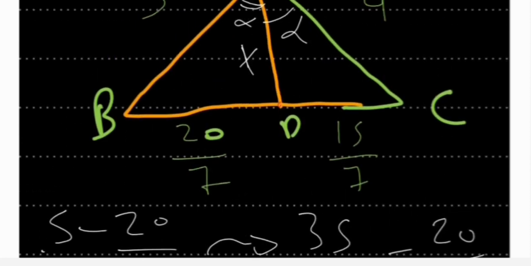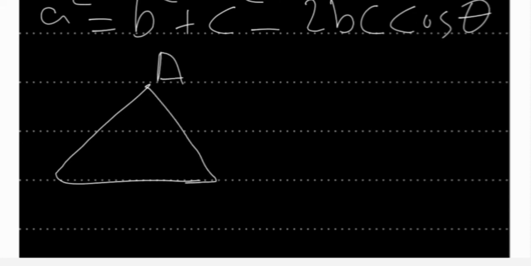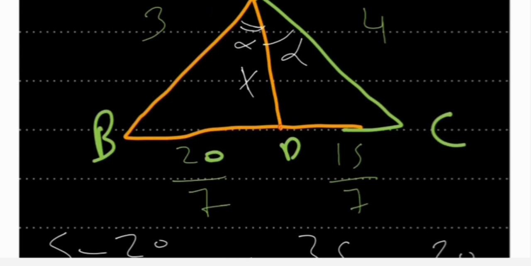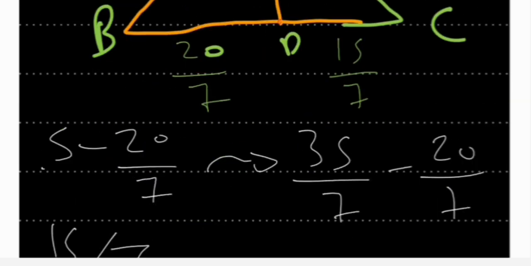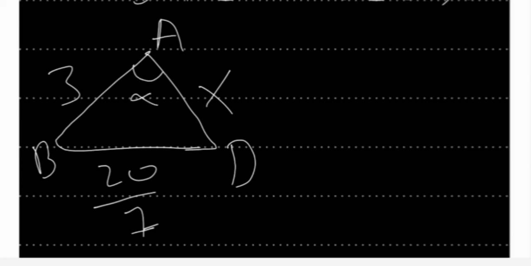So first, the first triangle is the triangle ABD, okay? So this is this part over here, not all the triangle. This part over here is 20 divided by 7, this is 3, this is x, and this is alpha, okay?